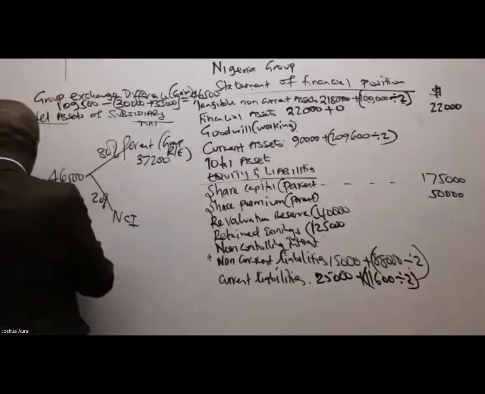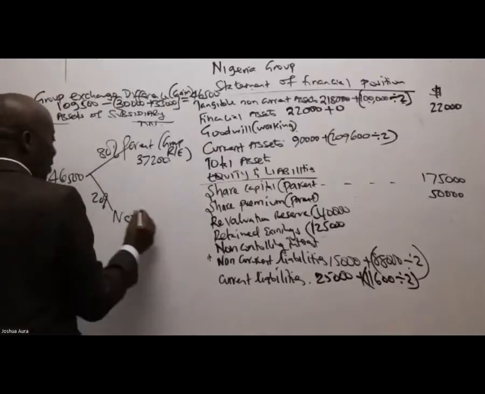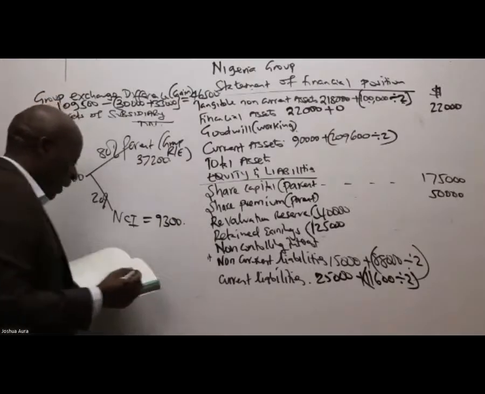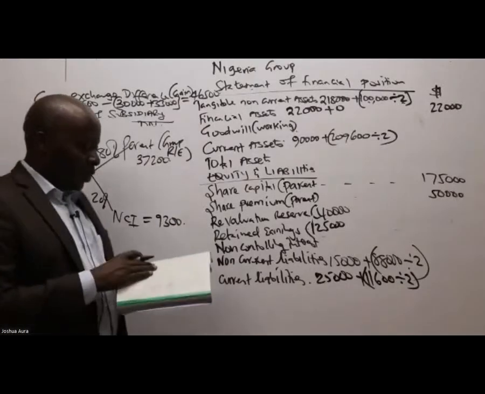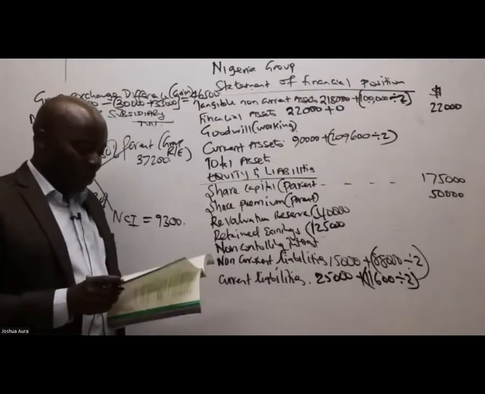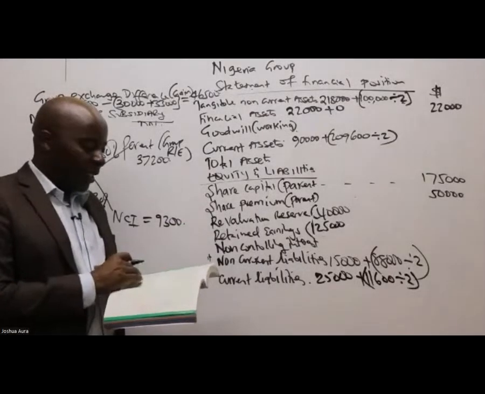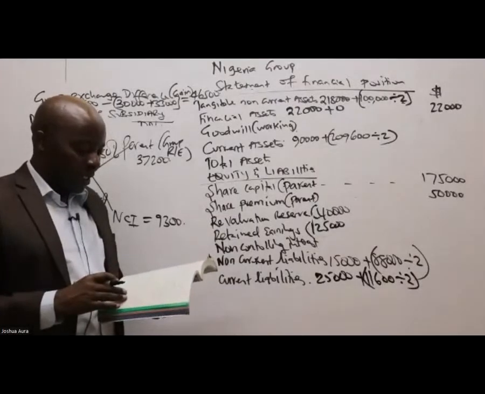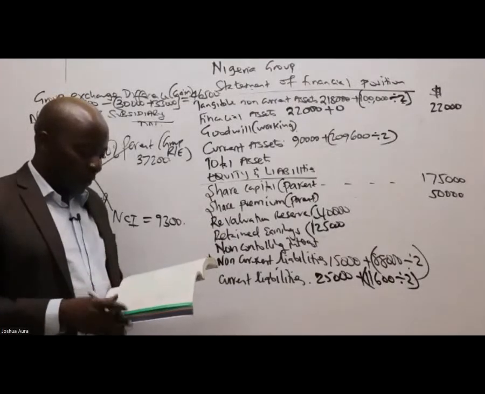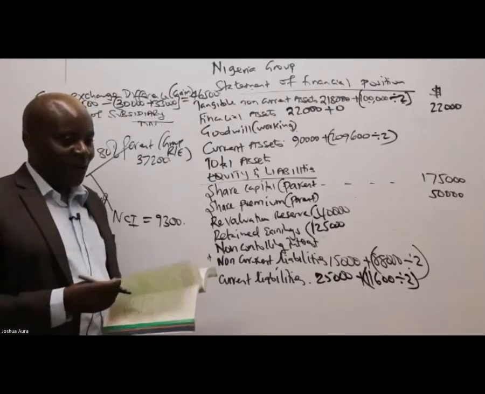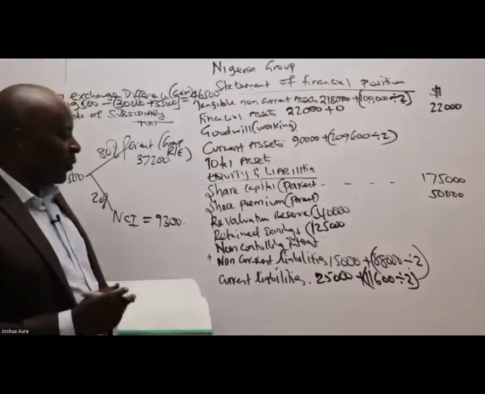NCI is 20% of this, so NCI, I'm being told, is 9,300.